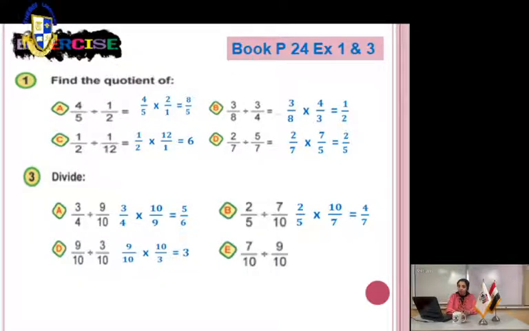After simplifying, the final answer will be 3. Letter E, 7 over 10 divided by 9 over 10. Keep, switch, flip. 7 over 10 times 10 over 9, and the final answer will be 7 over 9 after simplifying. And now we have finished our lesson.